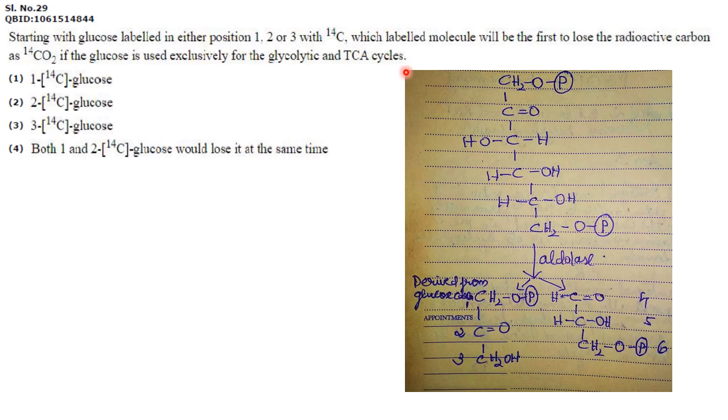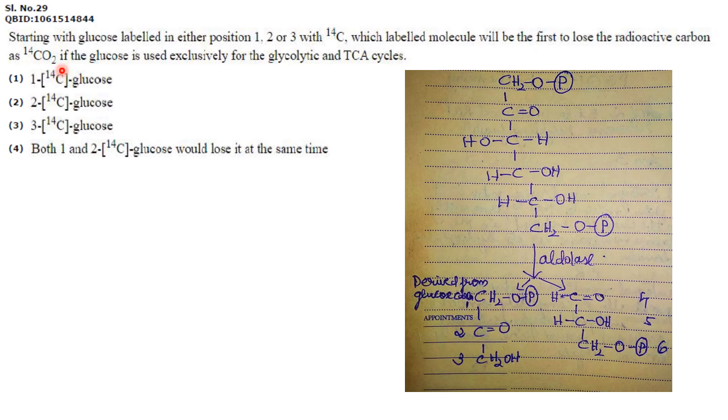So the glucose here, they have labeled it at one of the carbon atoms, 1, 2 and 3 with C14. Now you have to trace which carbon atom is lost from the glucose molecule as carbon dioxide.